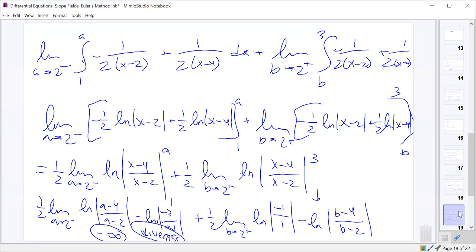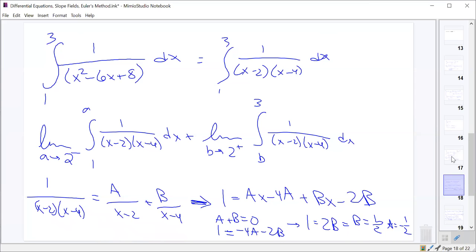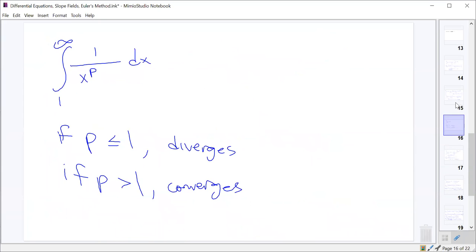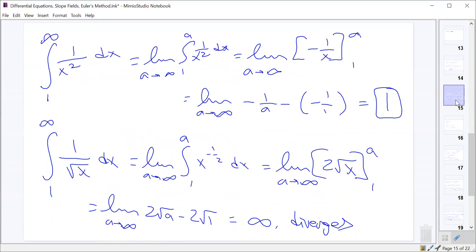I have one question. Oh, you have a question? Yeah. On one of the improper integral problems a few slides ago, I think you had the limit as a approaches infinity of the integral from 1 to a of 1 over x squared dx. And you changed that to the limit as a approaches infinity of negative 1 over x.